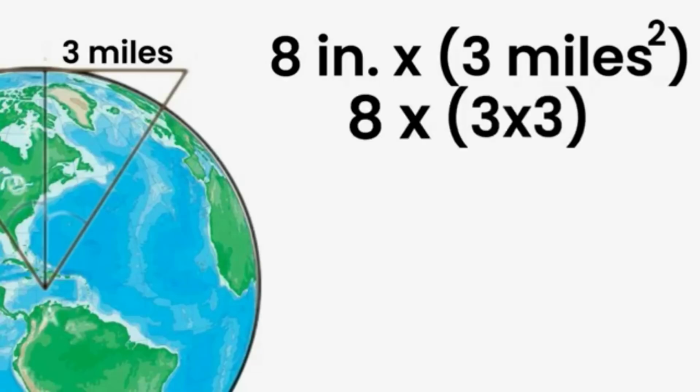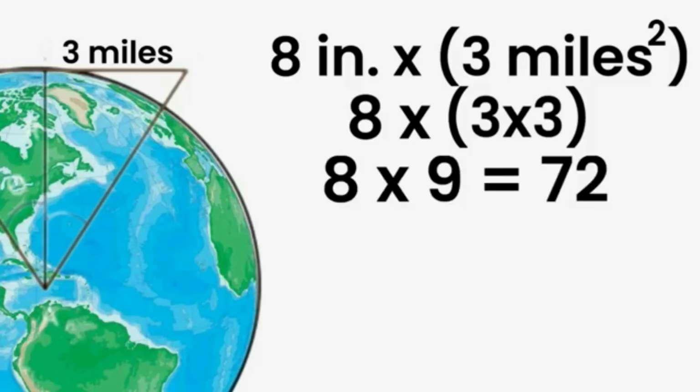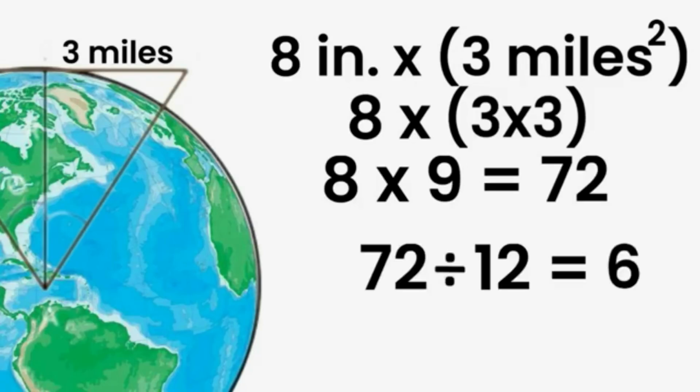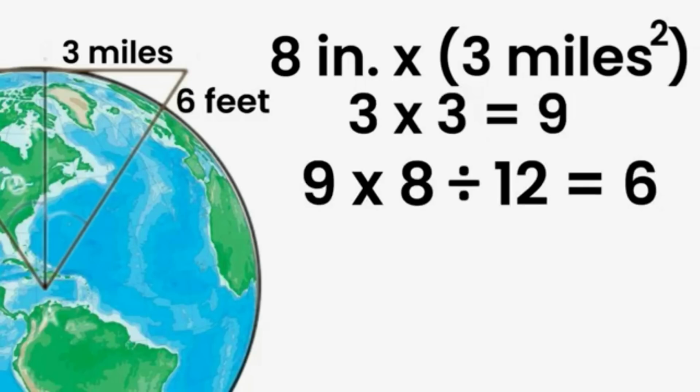We square the amount of miles, meaning we take 3 times 3, then times that by 8. That will give us the amount in inches. So we can divide that by 12 to give us the amount in feet. So we have 3 times 3, which equals 9, times 8 divided by 12 equals 6 feet. So in 3 miles, there should be 6 feet of curvature.